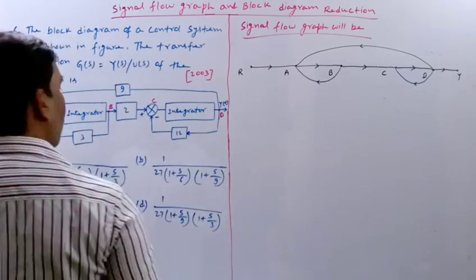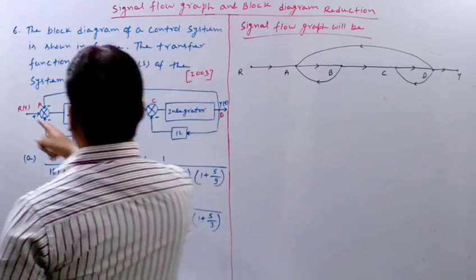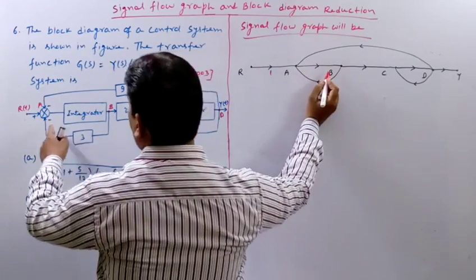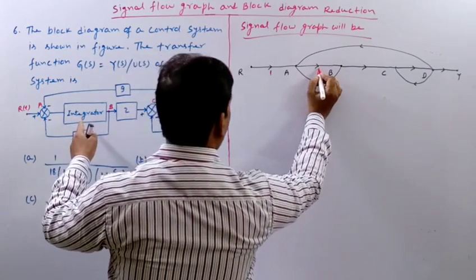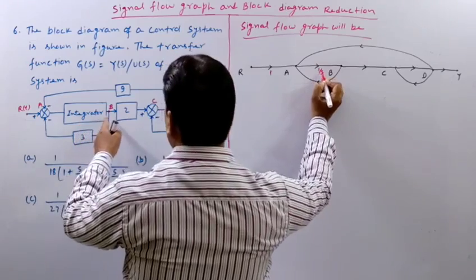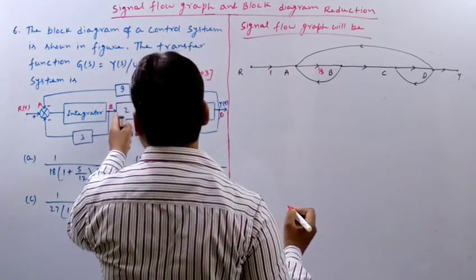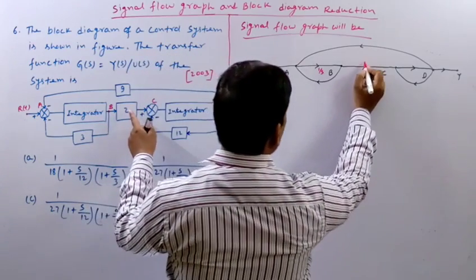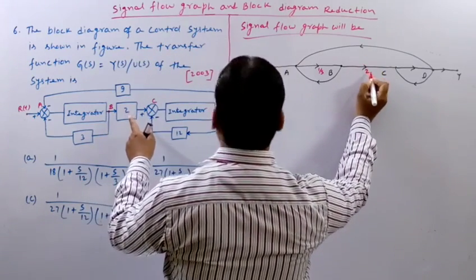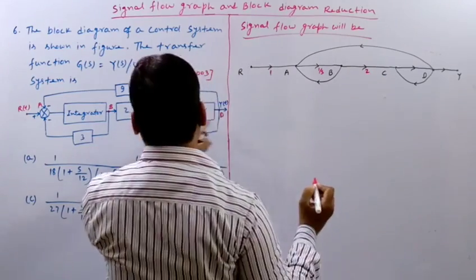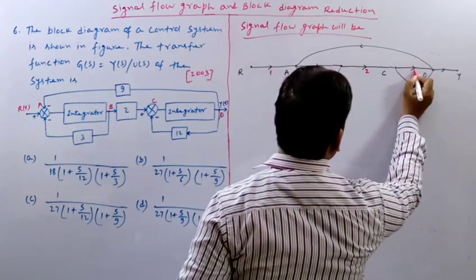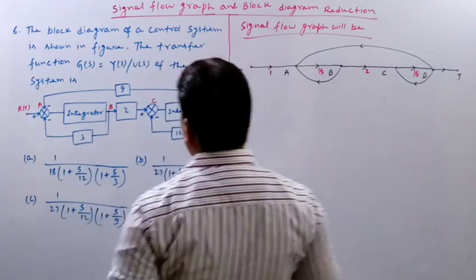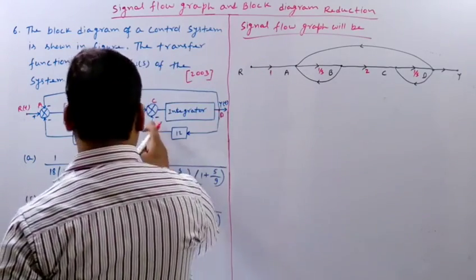Now let us denote the path gain of each branch. Between R to A the path gain is 1. Between A to B the path gain is 1 by s, because it is an integrator. So we have to replace the integrator by 1 by s. From B to C the path gain is 2. From C to D again integrator, so it is 1 by s. Now let us denote the path gain of feedback paths.